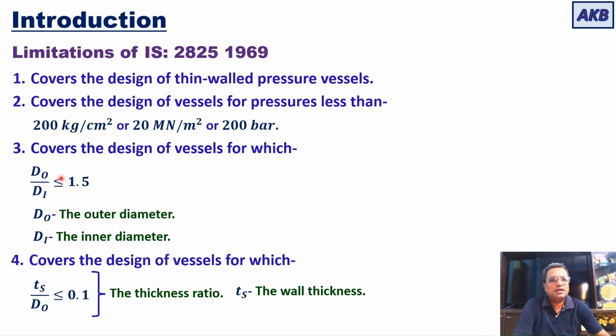It covers the design of vessels for which the ratio of outer to inner diameter is less than or equal to 1.5. And it covers the design of vessels for which the ratio of wall thickness to the outer diameter of the vessel is less than or equal to 0.1. This is called the thickness ratio.